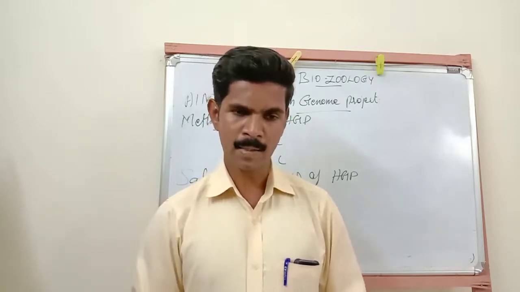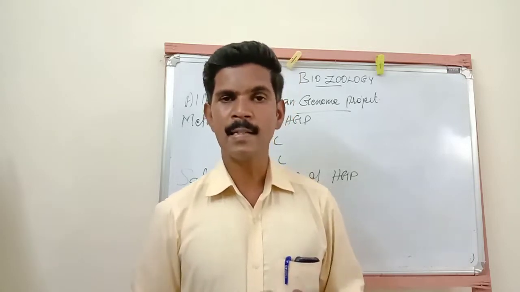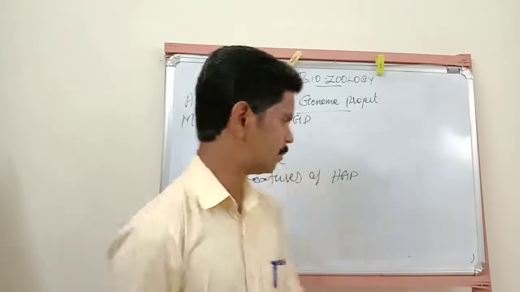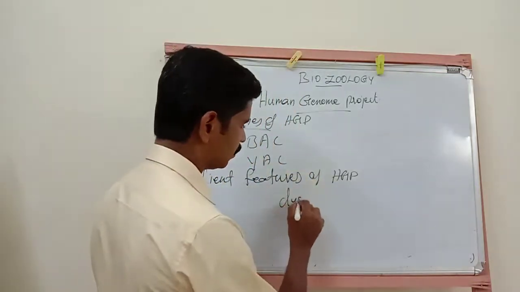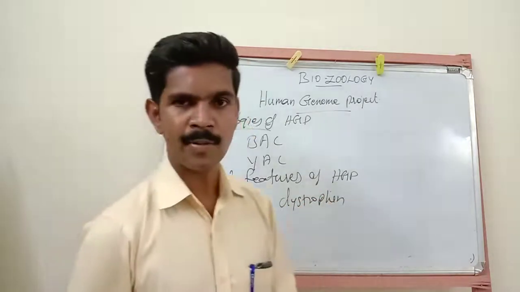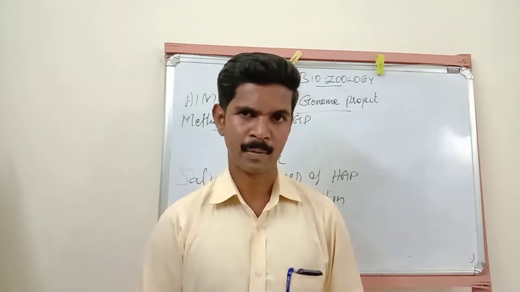Then the second salient feature is that the largest gene's name is dystrophin. So dystrophin is the largest gene of the human genome. Understand?